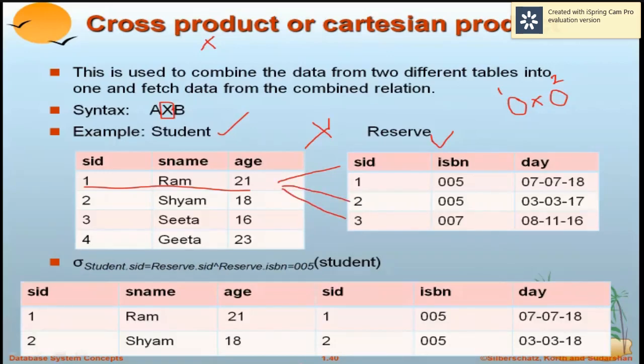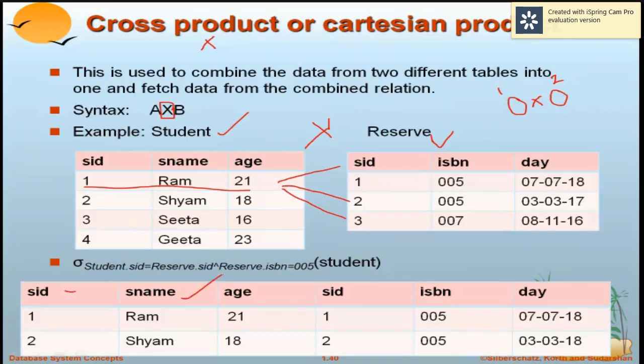In fact, though I have written here a simple output, let me tell you why the output has come so simple. If you directly apply a cross between student and reserve, the first tuple of the first table will be combined with all the tuples of the second table. That's why the attributes are copy pasted here.